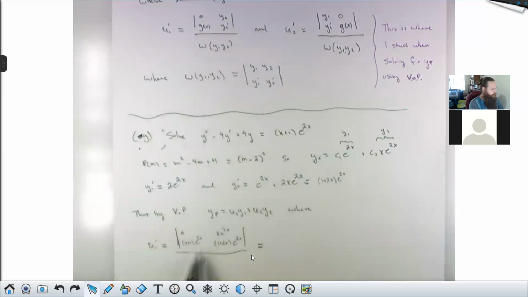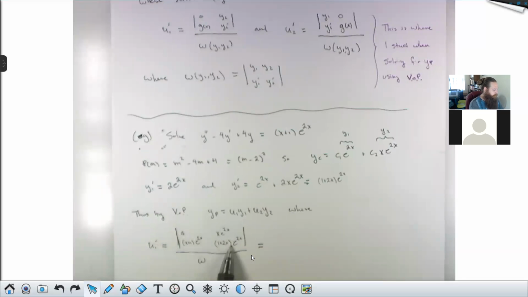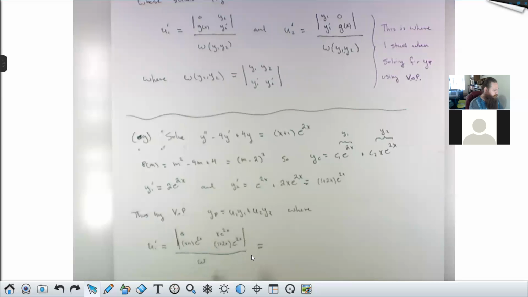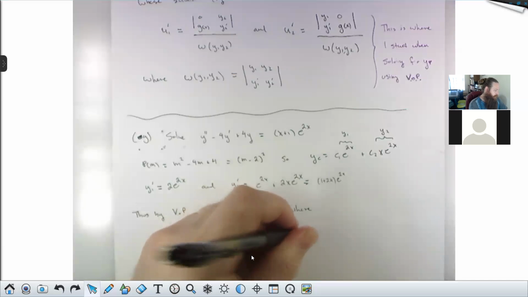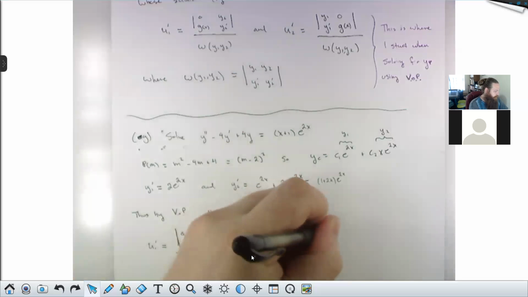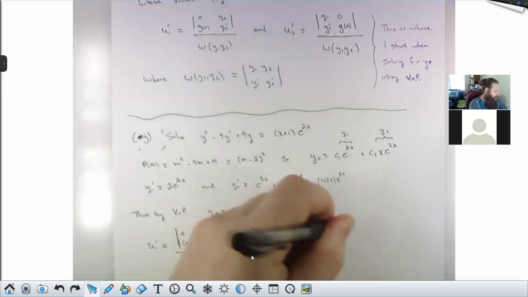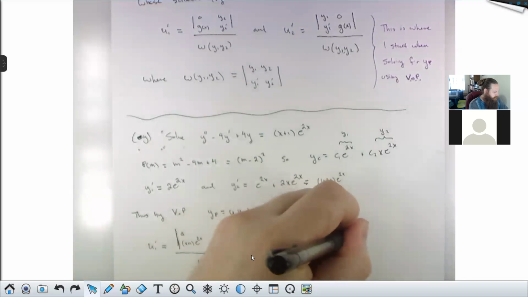You take the product of the diagonals and then subtract. So 0 times 1 plus 2x e to the 2x, minus x plus 1 e to the 2x times x e to the 2x.